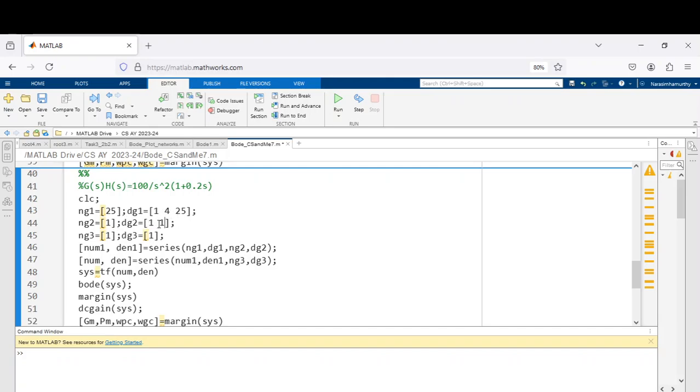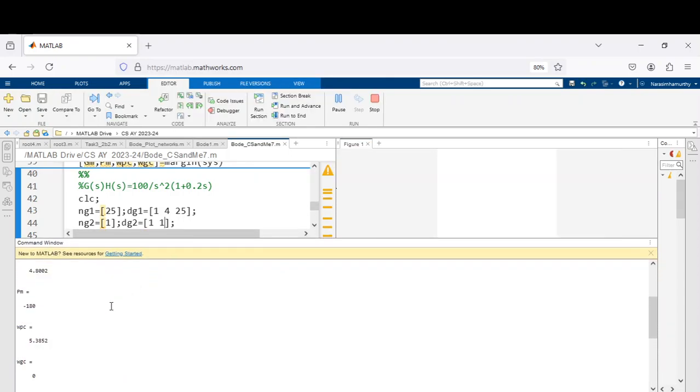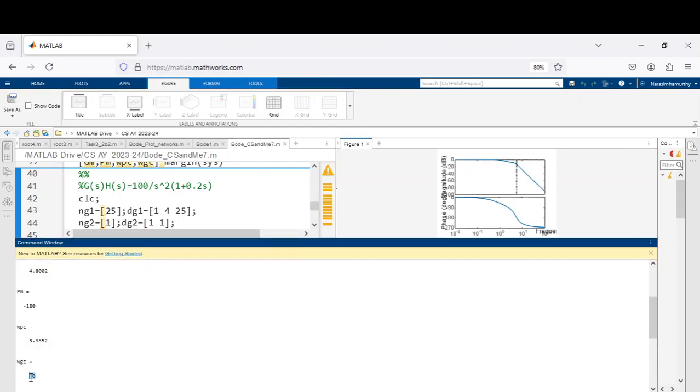This is 1, this is s plus 1. If I run, let us see what I'll get. See now, omega gc is equal to 0, which is exactly what we got here. We got omega gc theoretically as 0 here.